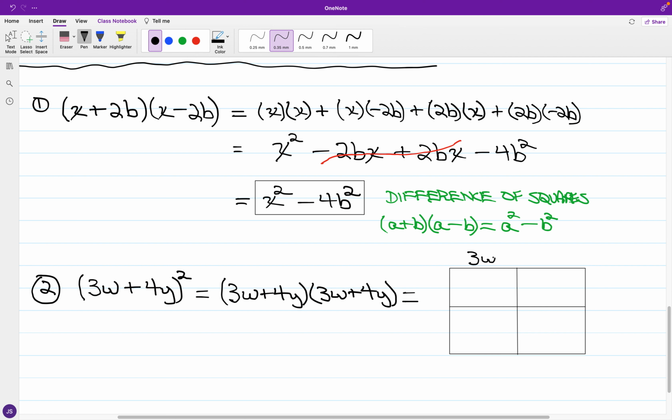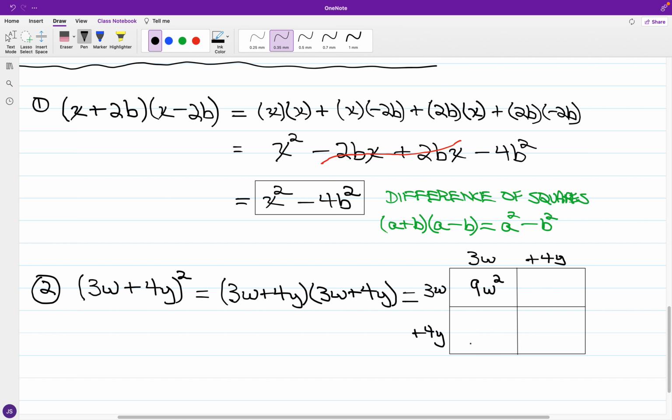Okay, so we have the same row and column headings. Looking at multiplying the corresponding portions, we got 3w times itself. This will be 9w squared.